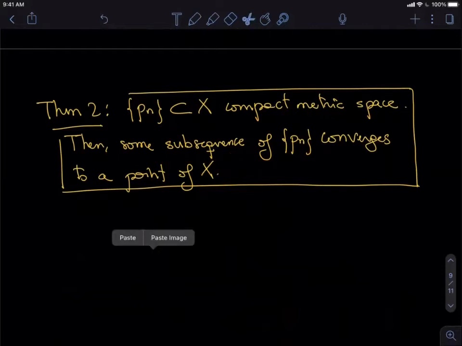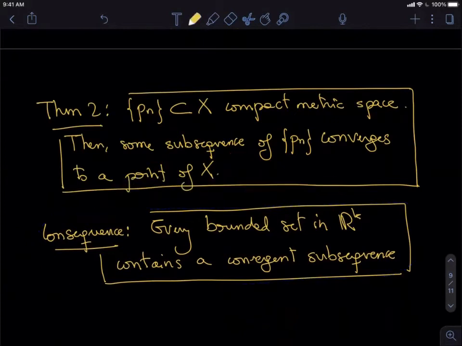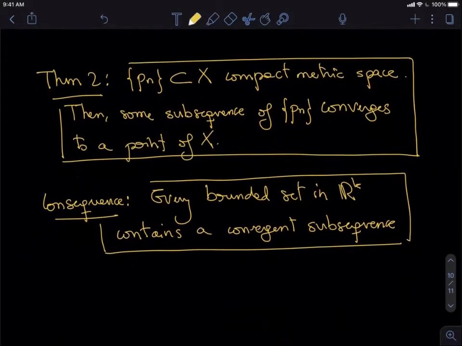Now, there is an important consequence that says that every bounded set in Rk contains a convergent subsequence.